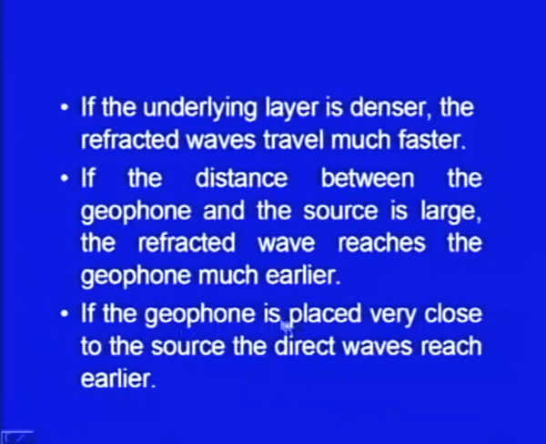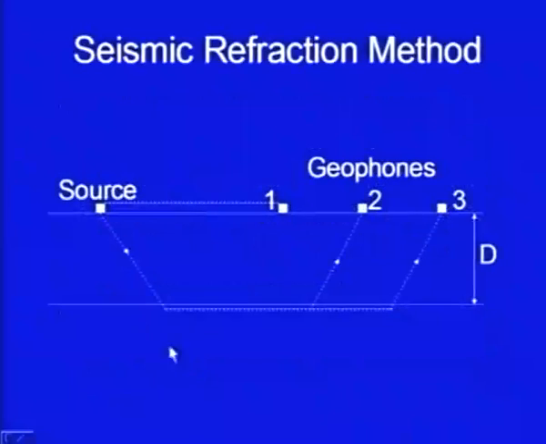Now, if the geophone is placed very close to the source, the direct waves reach early. The velocity of this wave is smaller, but this distance is also small. For the refracted path, if it is a dense medium, which is generally the case, this velocity will be higher, but this distance is also large.